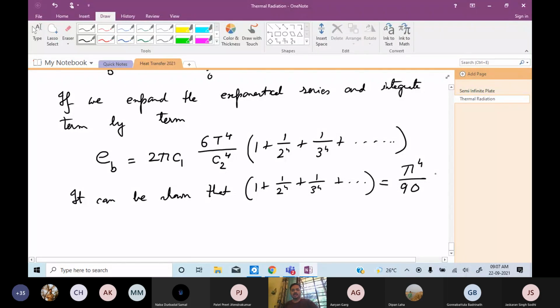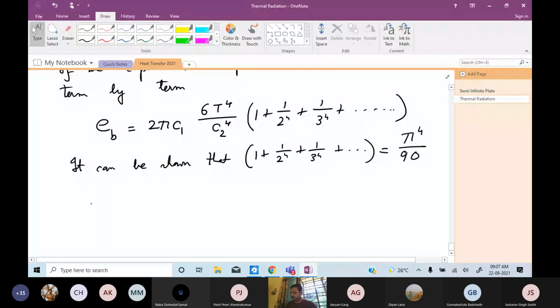Therefore, E_b is a bunch of constants times T to the power 4.